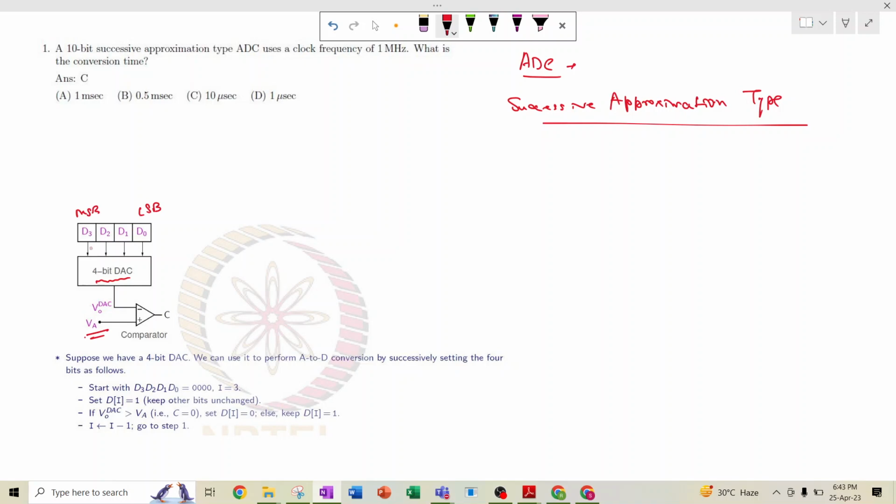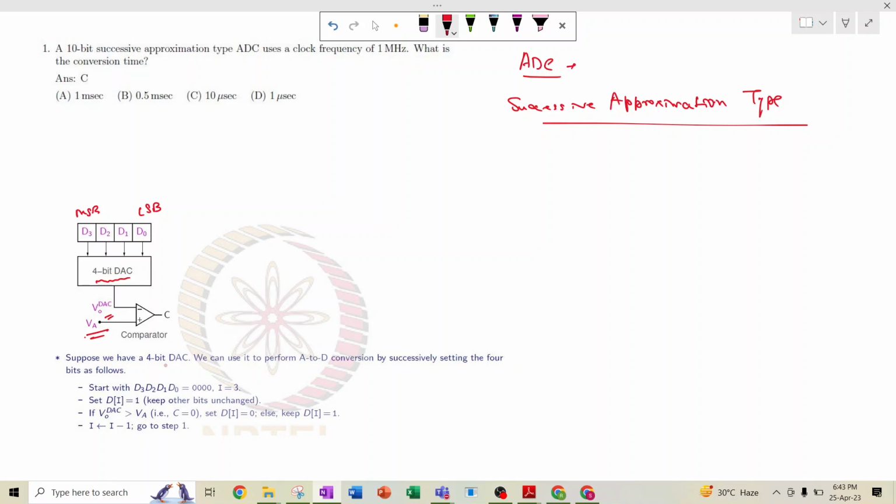This 4-bit DAC converts a digital input, suppose 1110 or 1101, to its equivalent analog value, V0 of DAC, and then it compares.